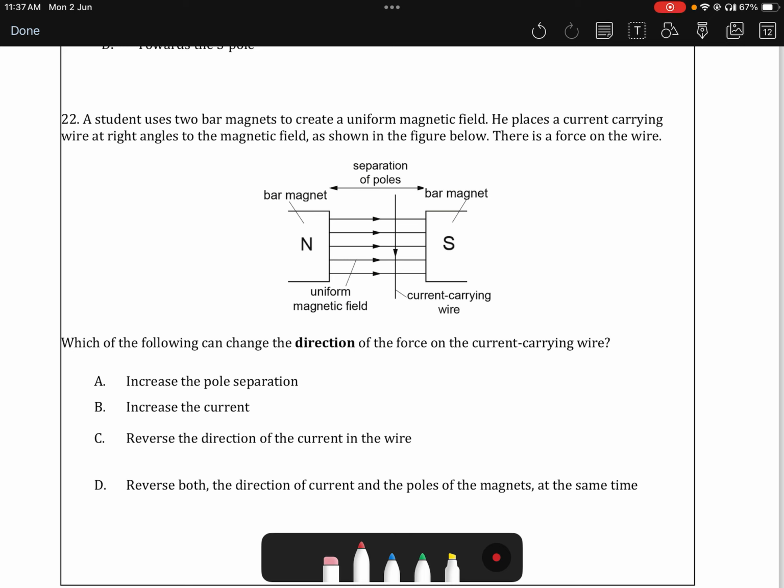To reverse the direction of the force, we need to reverse the direction of the current or the direction of the magnetic field, but not both. If we reverse both, we will go back to the original direction. So we can reverse the current or the magnetic field. In choice D, they reverse both the current and the magnetic field, and that will give us the wrong answer.